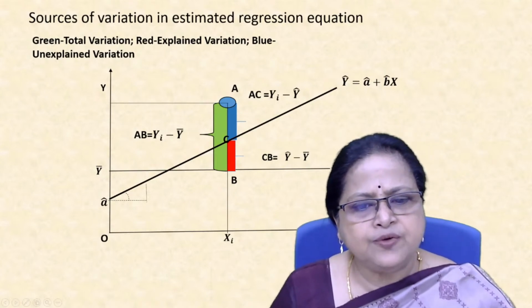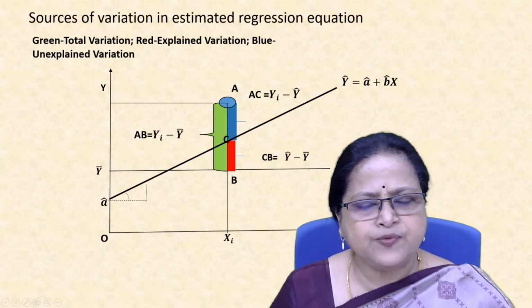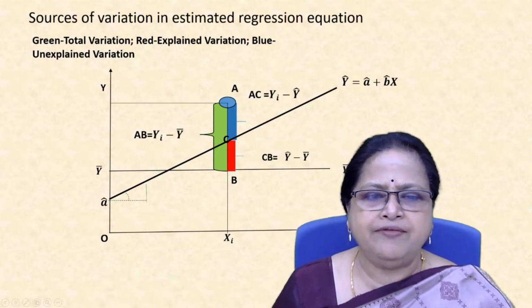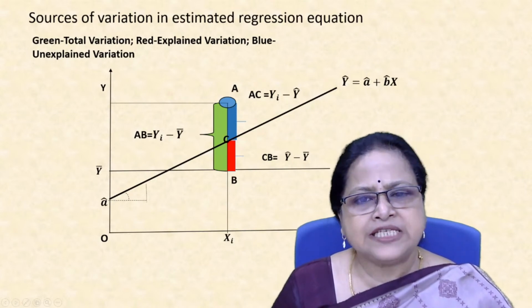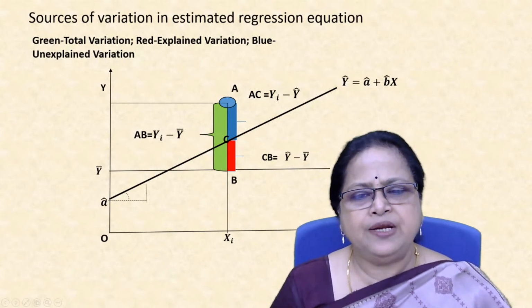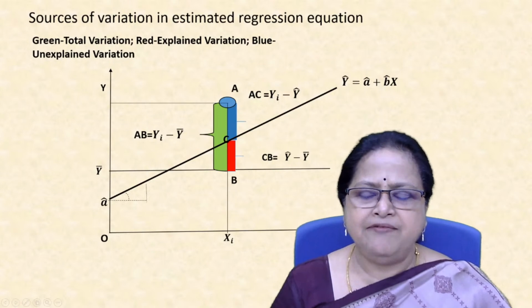Now y bar is equal to BXi. AB is the total variation, yi minus y bar. AC is the unexplained part; we don't know why the estimate is below the yi value. CB is the explained variation.